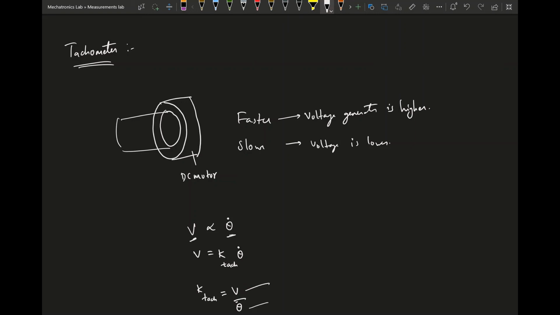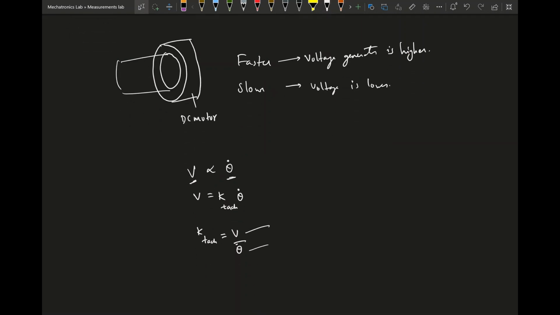So if you rotate the shaft faster, the voltage generated is higher, and if the rotation is slower, the voltage is smaller. It's the same concept as before. You can find a proportionality constant, and using that constant, if you have the voltage generated by the tachometer, you can find out the angular velocity, right?